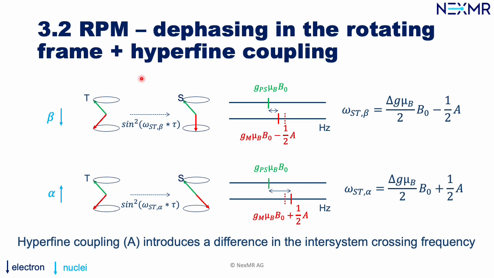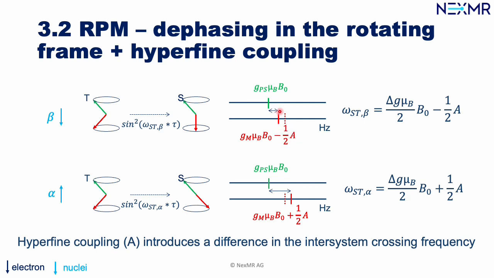Depending on the nuclear spins, we will have now a slightly different resonance. When we introduce the hyperfine coupling for the molecule M, we see here that we have a beta spin, and we will have the resonance due to the G factor minus the hyperfine coupling times the spin state, which is minus 1.5.